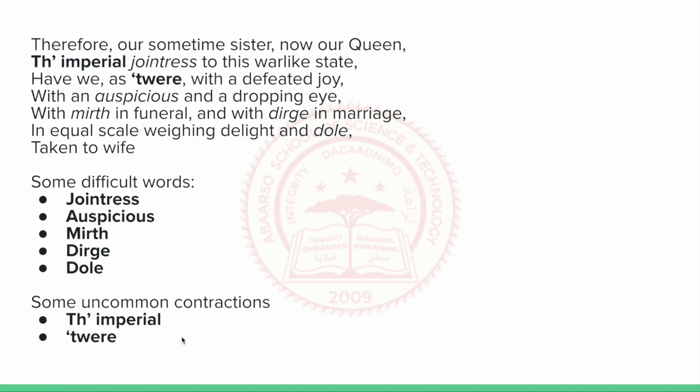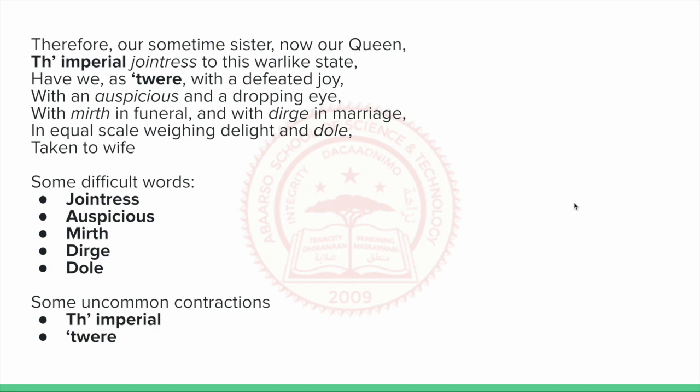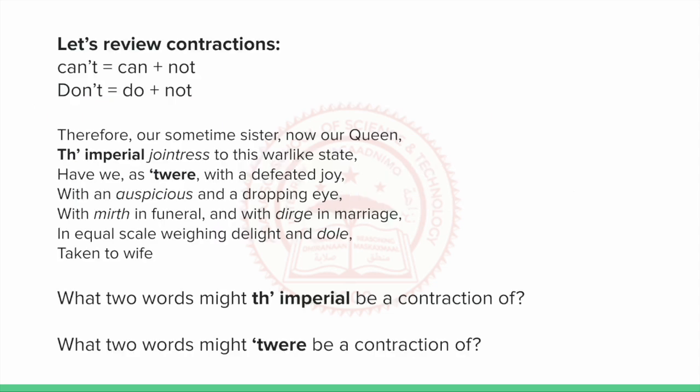So that's one of our main focuses of the unique language in Shakespeare, right? So uncommon contractions in Shakespeare's writing. In Shakespeare's writing, you will often find words that are combined by uncommon contractions, right? You never see the imperial or 'twere, right? And what do they even mean? So let's get into that.